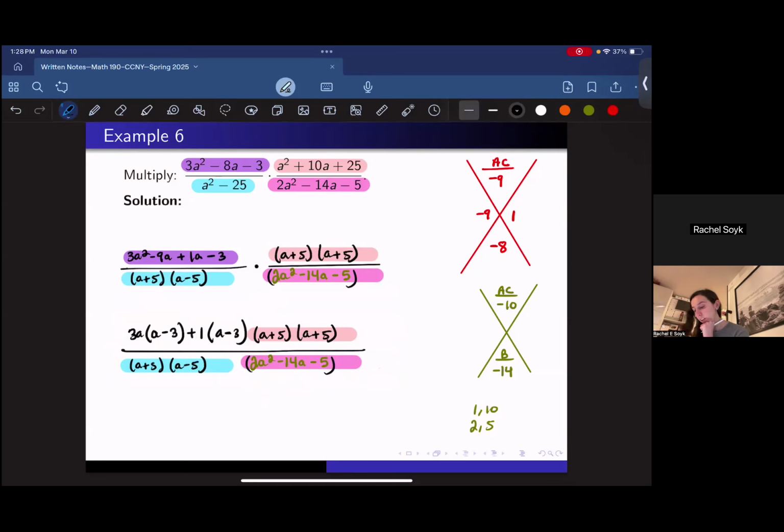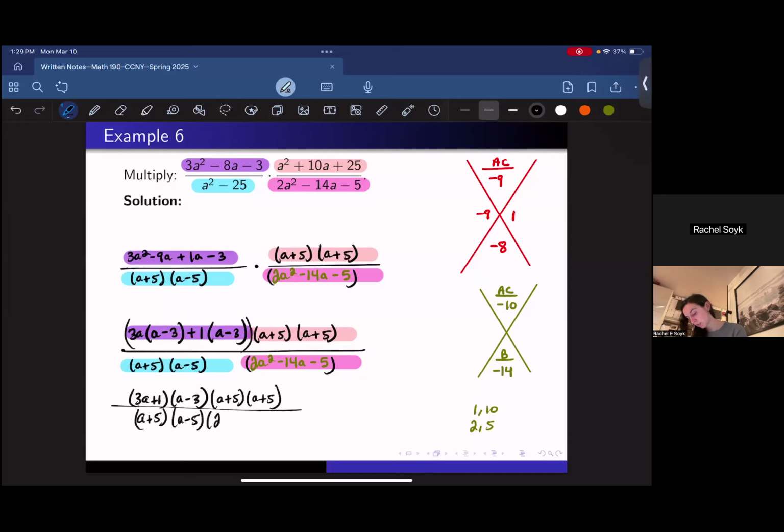Okay. And so let's factor out that a minus 3. So we're looking at 3a plus 1 in parentheses, a minus 3. Again, this was our purple, but we'll just get rid of all the colors now. A plus 5, a plus 5, all over a plus 5, a minus 5.